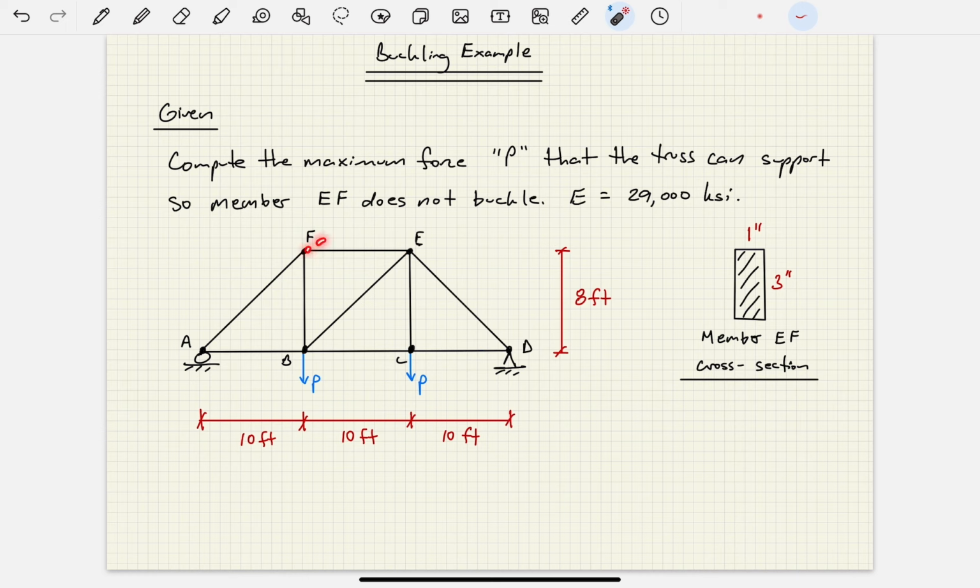It could bow down like this, or could bow up like this, or it could bow in and out of the screen. We sometimes call that in and out of plane. But regardless how it bows, it's going to bow about this centroidal y-axis. It's going to tend to warp or curve around this centroidal y-axis, okay? So that's what that means.